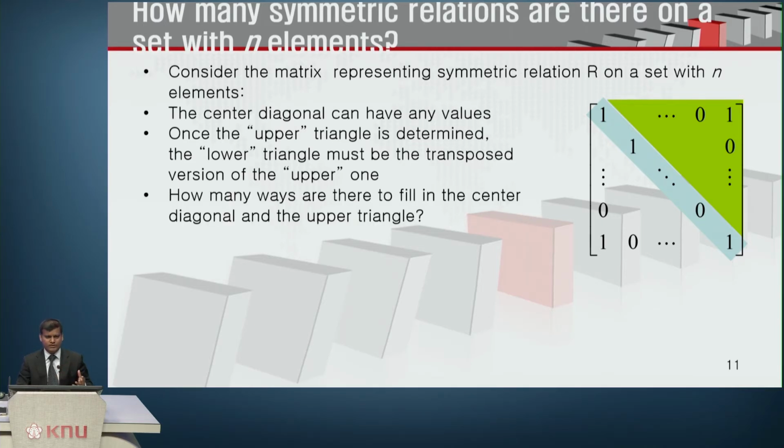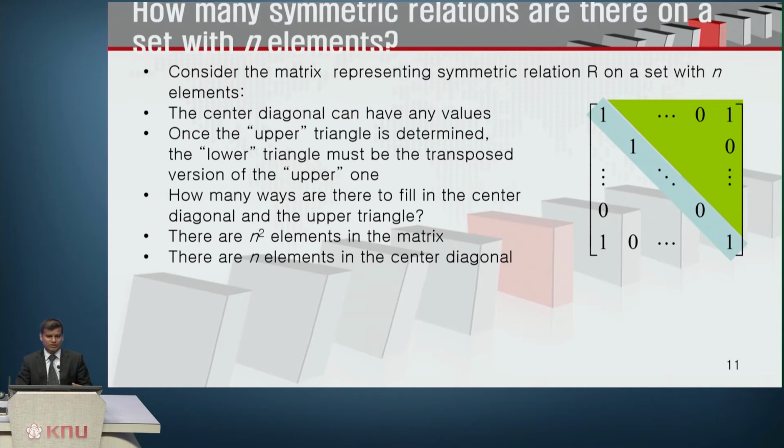How many ways are there to fill the center diagonal and upper triangle? Well, the center diagonal can be of any value. The upper triangle and the lower triangle must represent the transpose version, they should have that relation. There are n square elements in the matrix and n elements in the center diagonal.